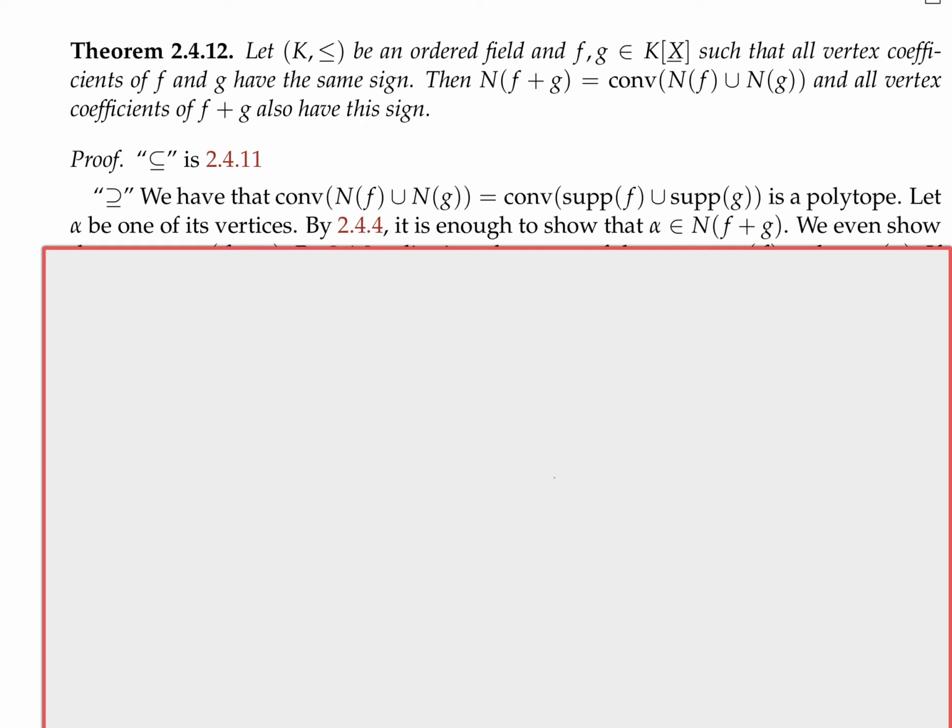Well, this is easy, because the union of the supports is contained in the union of the Newton polytopes, so the inclusion from right to left is clear, right? The inclusion in the other direction is also easy because the Newton polytope of f is contained in the right-hand side, right? Because it's a convex hull of the support of f, and it's contained in the convex hull of a bigger set.